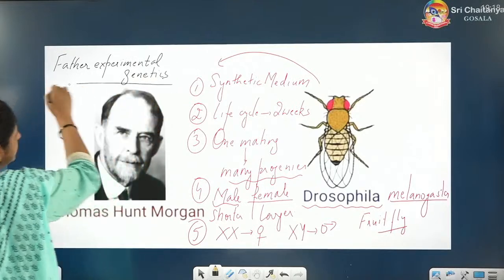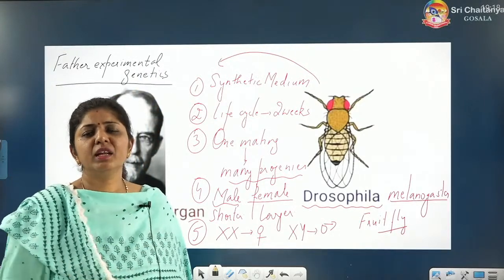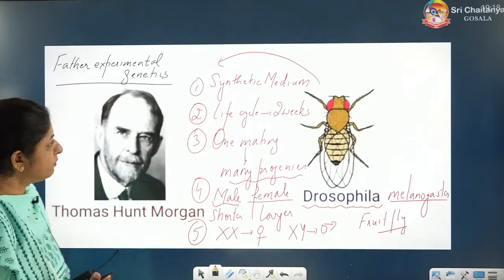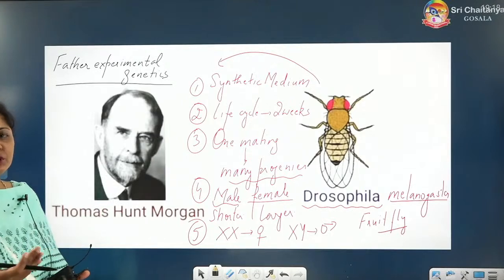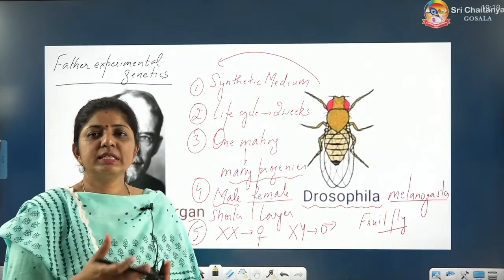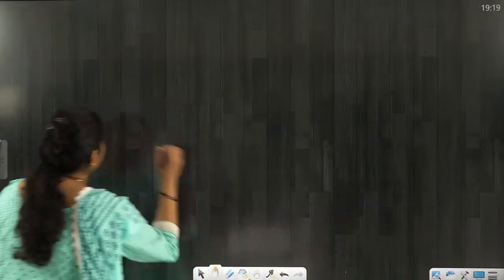Right? So, you should know this small information to start with the process of linkage and recombination. To prove some examples of linkage and recombination, we have to pick up Morgan's dihybrid cross. Now, let us see what we mean by the dihybrid cross.